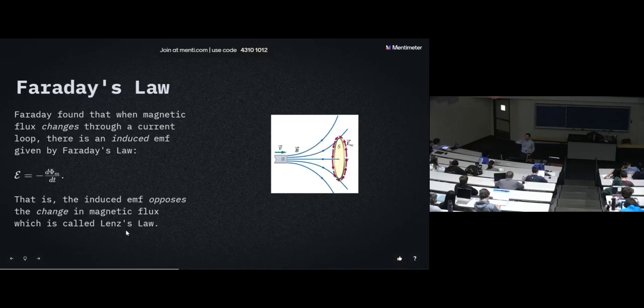And so what you end up getting is an oscillating, an alternating current, an alternating EMF inside of your current loop. So we're getting to the idea of generators giving us AC power.